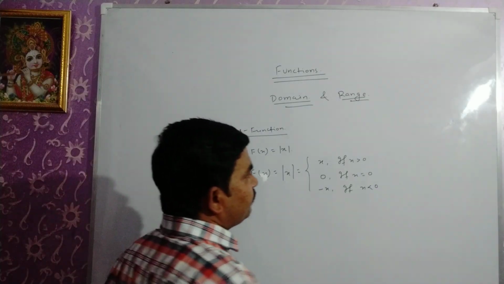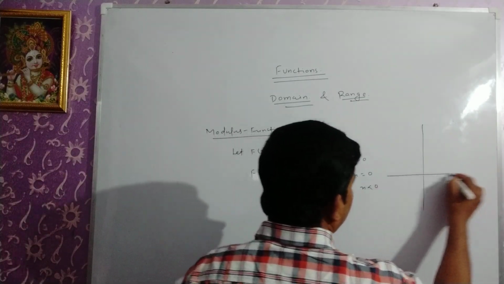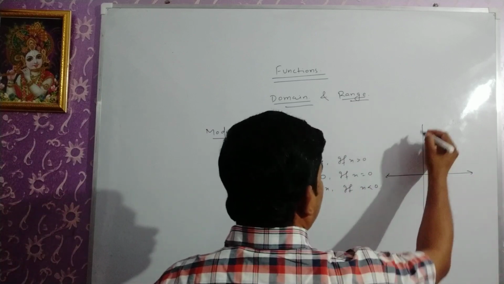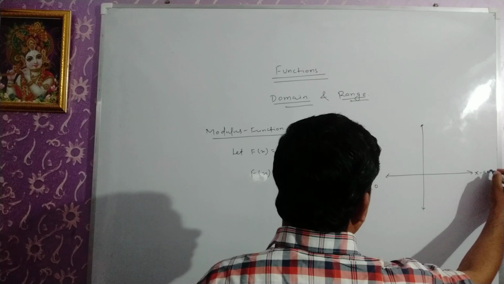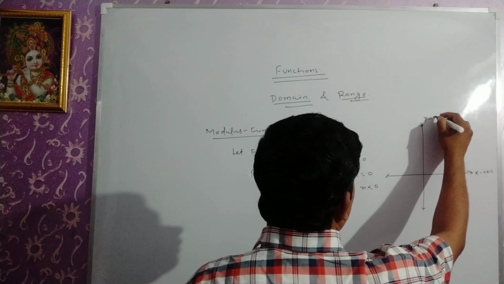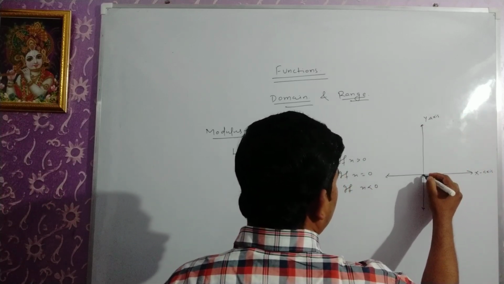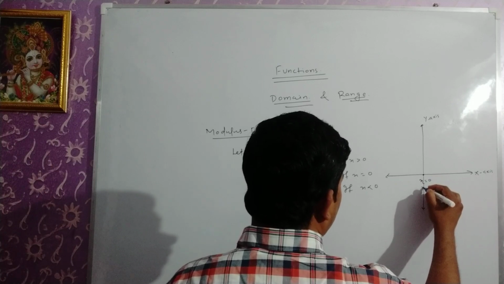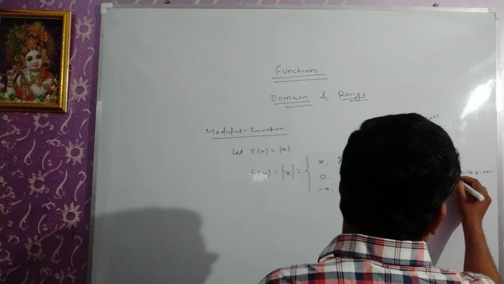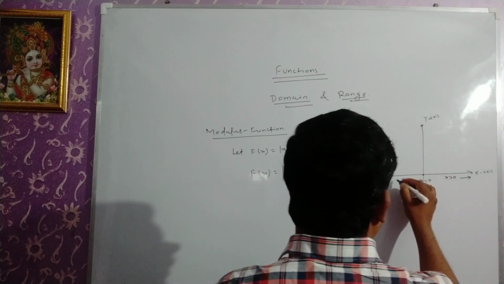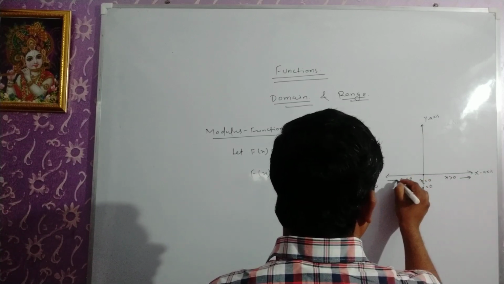Now if you draw the curve, this will be the x-axis and this is the y-axis. This is the point of intersection, where x equals 0 and y equals 0. Here x is greater than 0, and here x is less than 0.